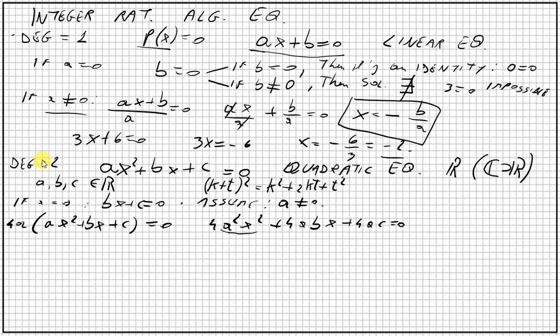So, in other words, you may have noticed in the past that if you have, for example, this type of binomial, that is, let's say I have now 2k plus t squared. The square of the first is 4k squared, plus the product of the two would be 2kt, but we need to take the double product.